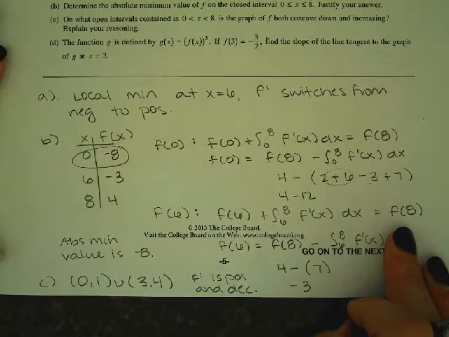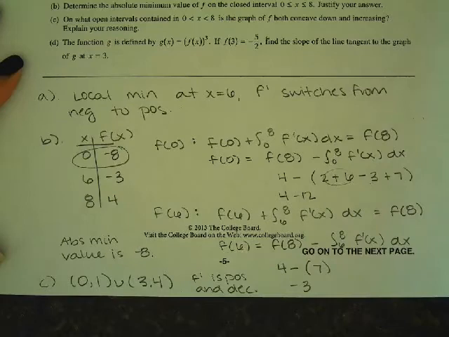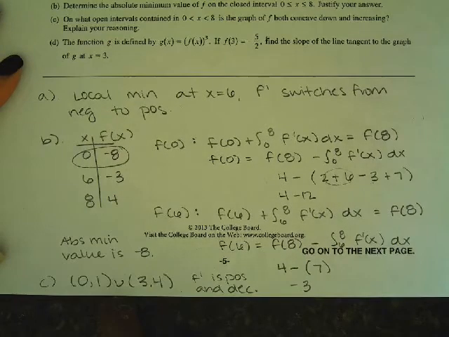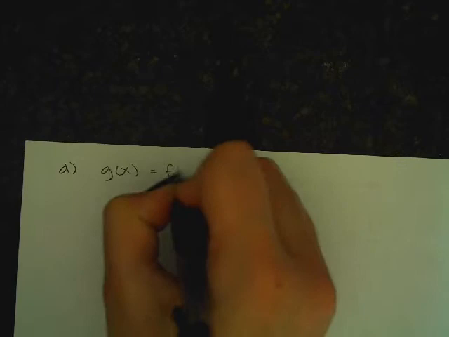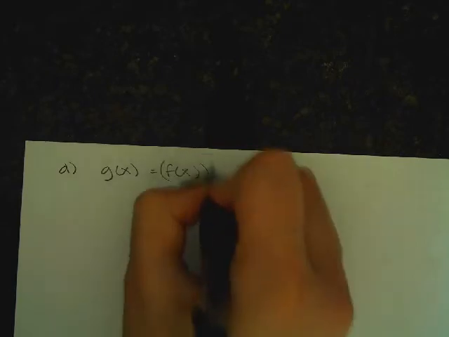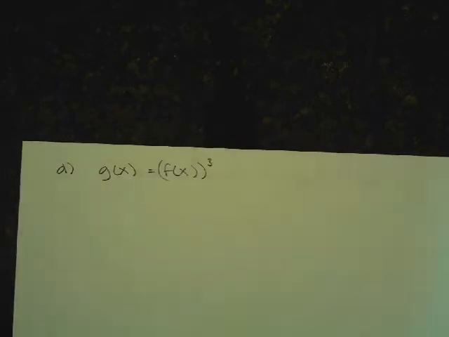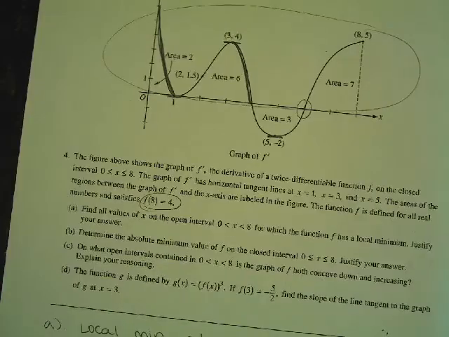Okay, and then part D says that g of x is f of x to the third power. And what they want us to do is find the slope of the tangent line of g at 3.